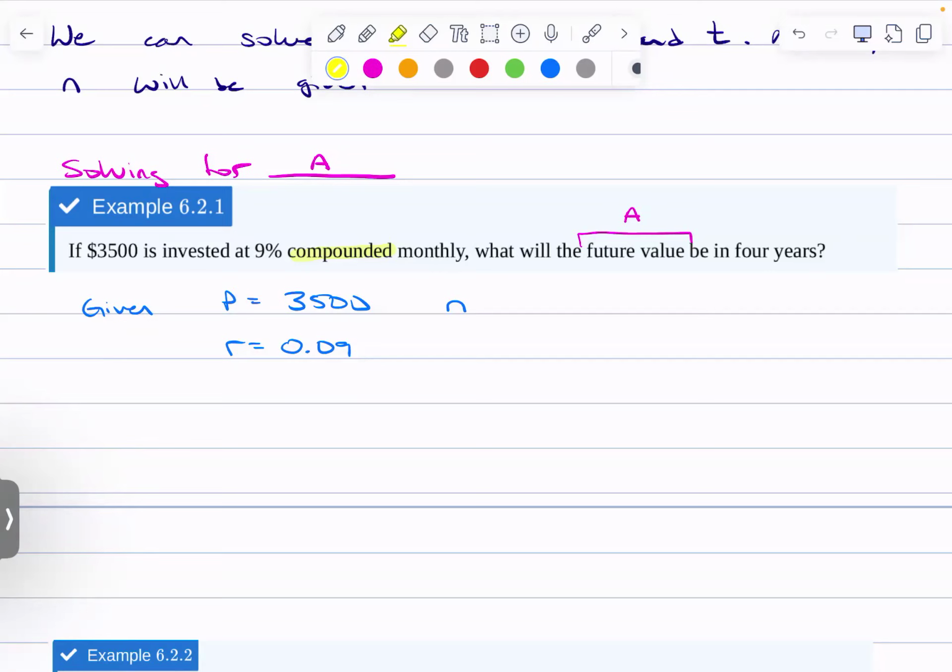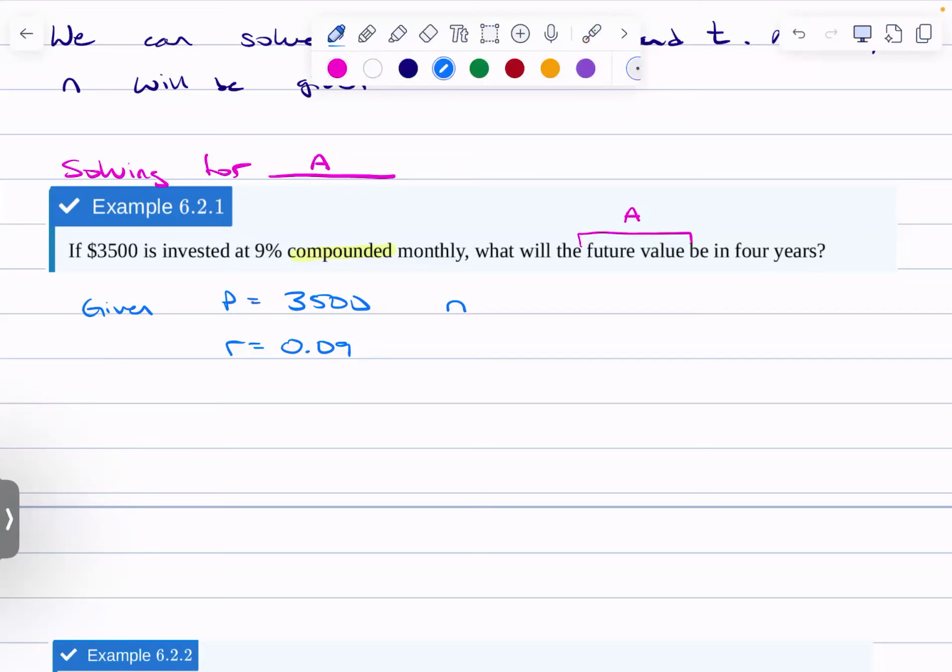Because the formulas are different, right? And so as soon as you see this compounded, you say, okay, not simple interest. For simple interest, I will say 9% simple interest, right? It will say simple interest in the question. So you'll know. That sounds easy now. It's not so easy, I know that, when you're reading a question, right? To try to figure out what it is.